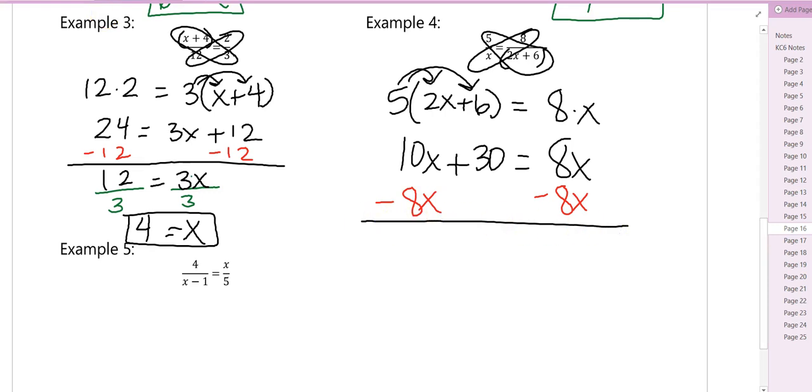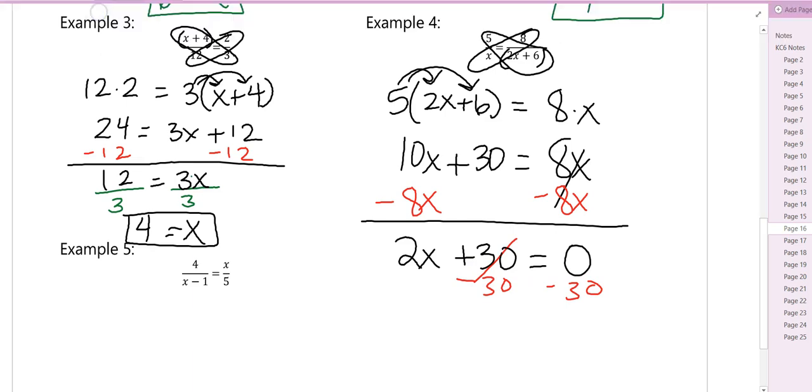So 10x minus 8x is going to be 2x plus 30 still, but now it's equal to 0, right? Because 8x minus 8x is 0. I want to get my x by itself, so I'm going to move that 30 over to the other side. So I'm going to subtract 30.